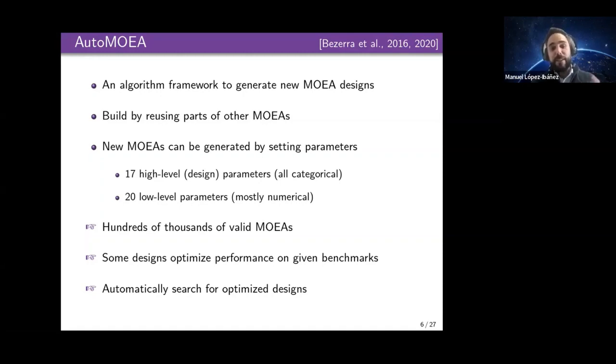The framework has 17 high-level parameters that control how these components are recombined, and they are all categorical, and 20 low-level parameters that are mostly numerical and control various things. This allows us to generate, in principle, hundreds of thousands of valid MOEAs, many of them probably very poor, but some of them seem to be able to optimize performance for particular benchmarks. And then we have a way to automatically search the space of designs to find optimized designs.